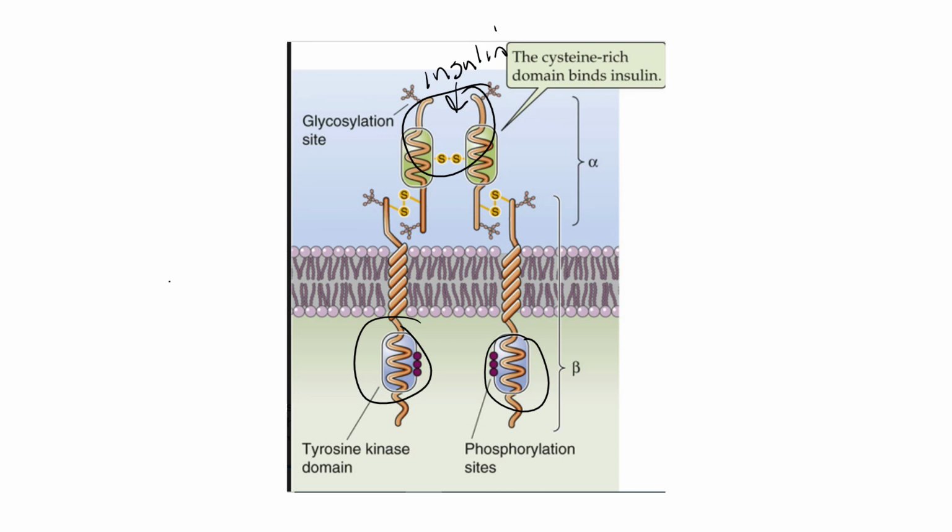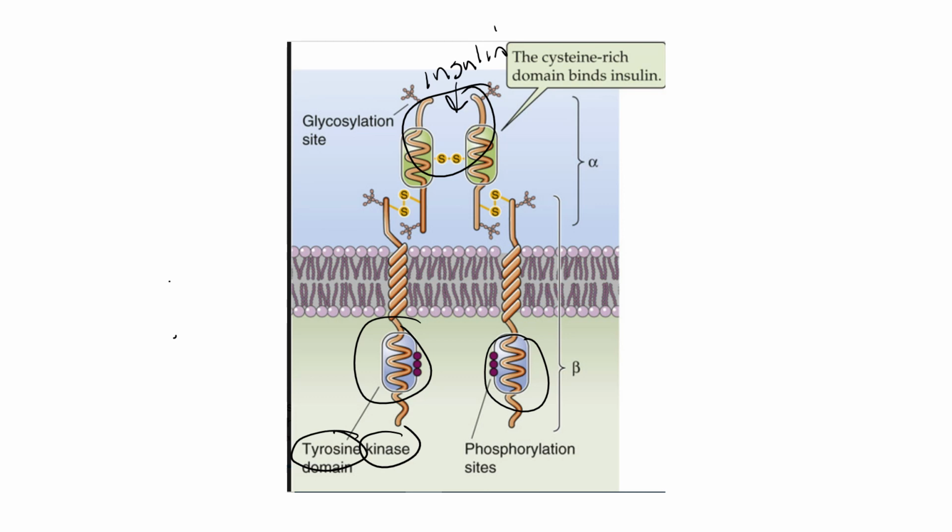And what these tyrosine kinase domains are, well, first of all, look at the name, kinases. Tyrosine kinase domain. So this is actually an enzyme, and what the tyrosine kinase domain does is start phosphorylating tyrosine residues. Proteins that have tyrosine residues, these tyrosine kinase domains are able to phosphorylate.